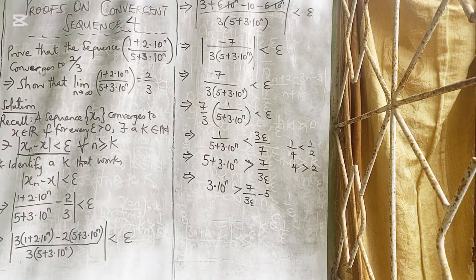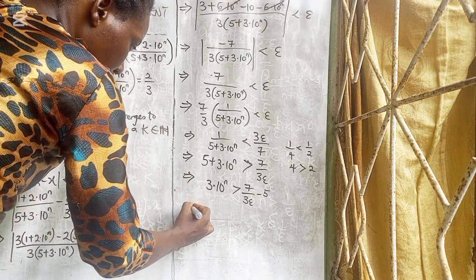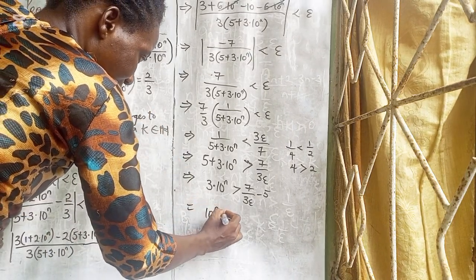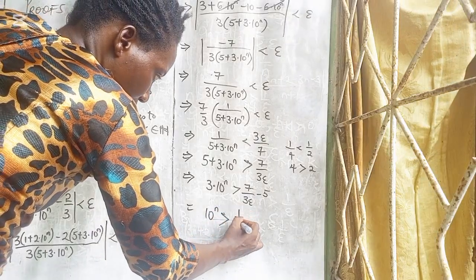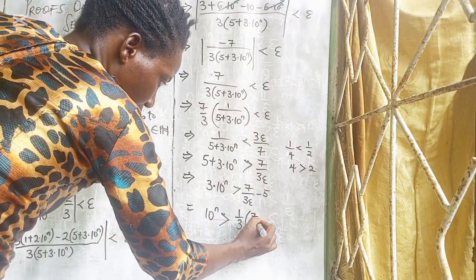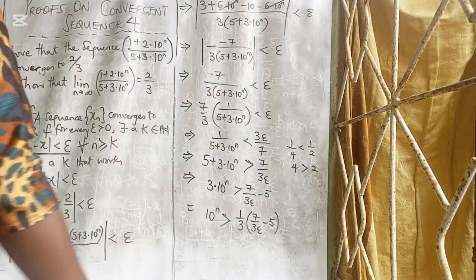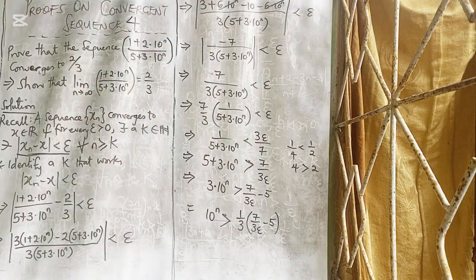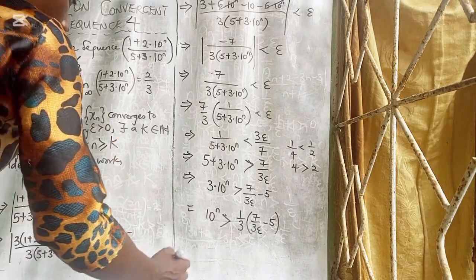By the time I divide through by 3, my 10^n is greater than 1/3 × (7 over 3 epsilon minus 5). Remember, we want to get a value for n, so we take the log of both sides.